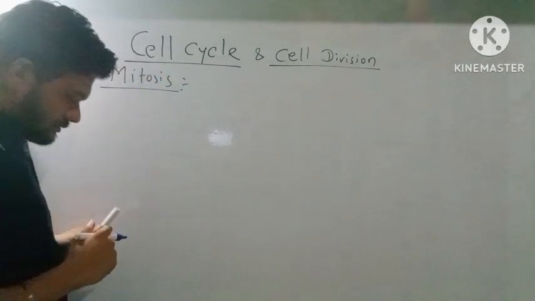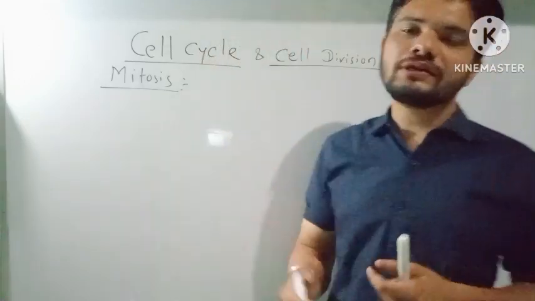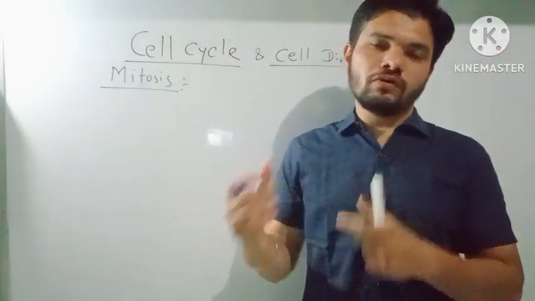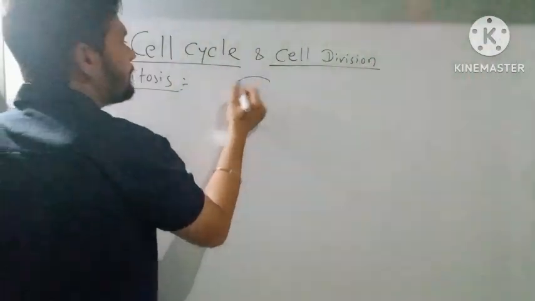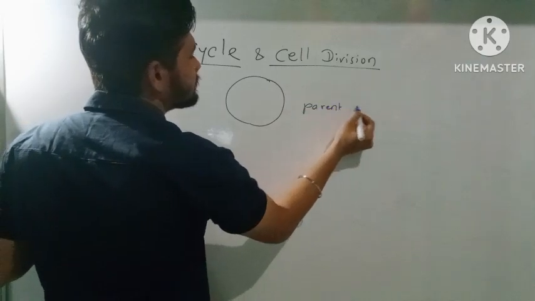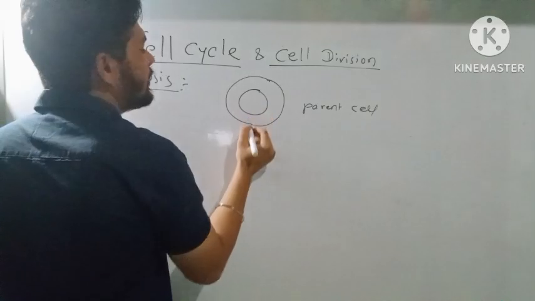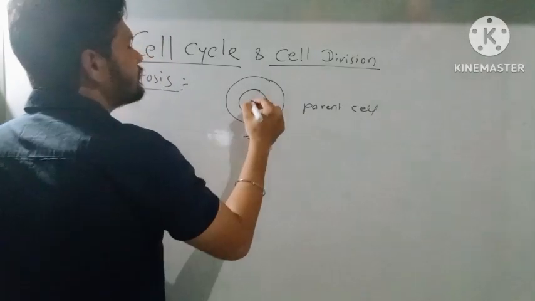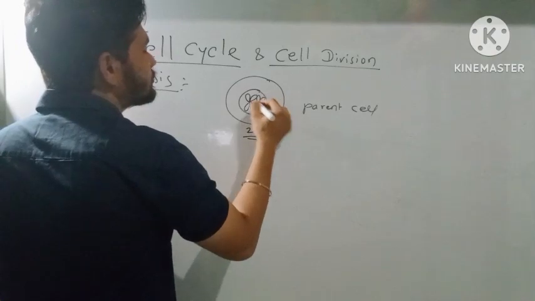What is mitosis? Mitosis is a type of cell division in which two daughter cells are produced from one single cell. Suppose this is a parent cell, a diploid cell, which means it will have two sets of chromosomes.